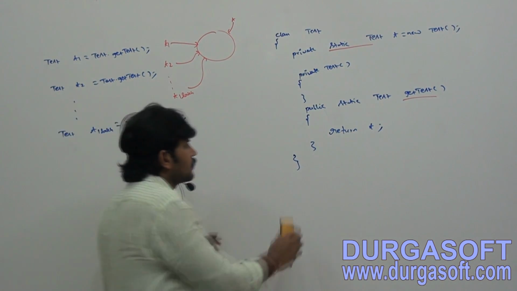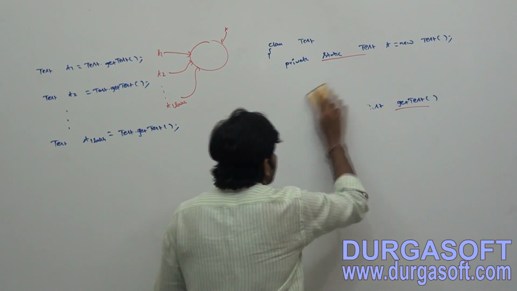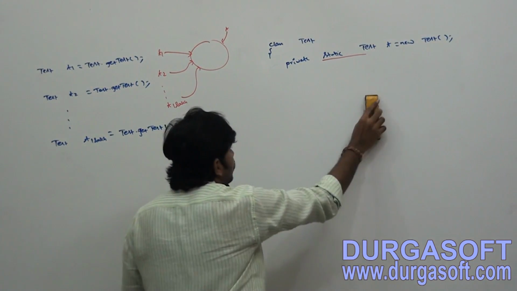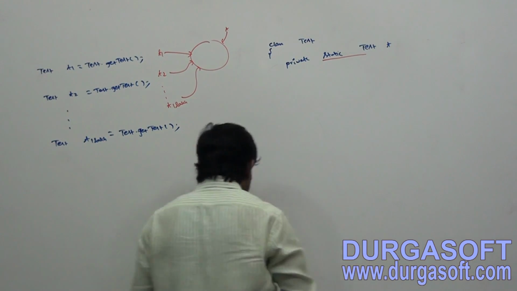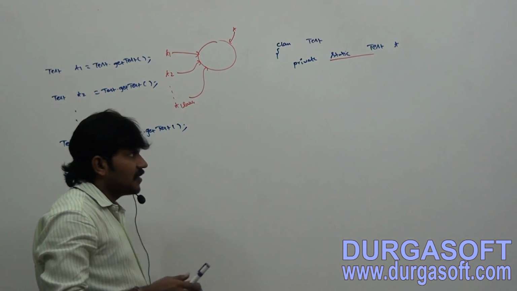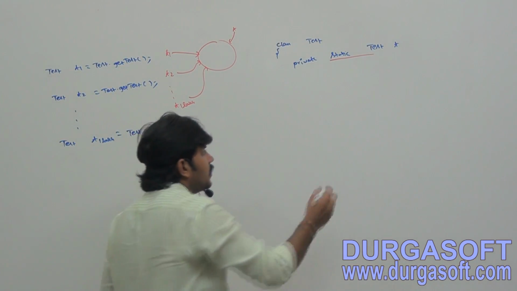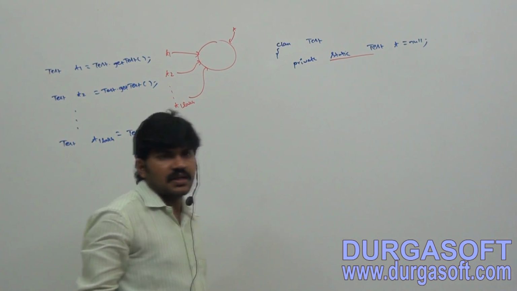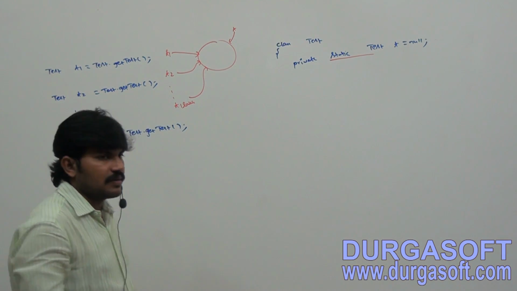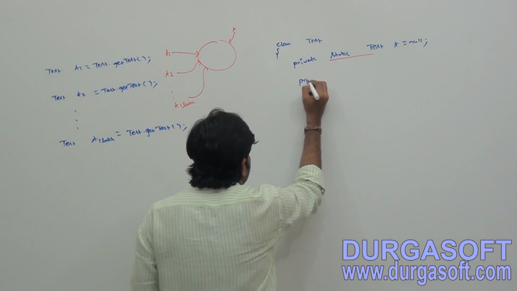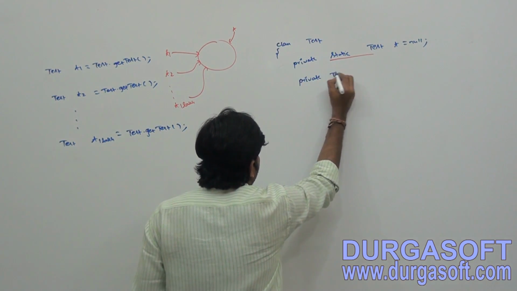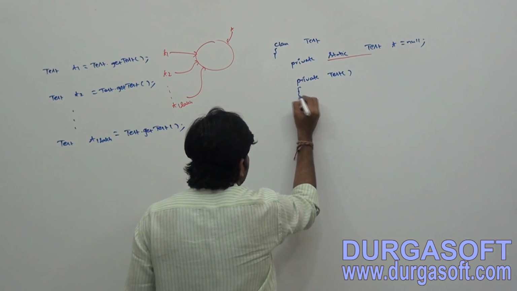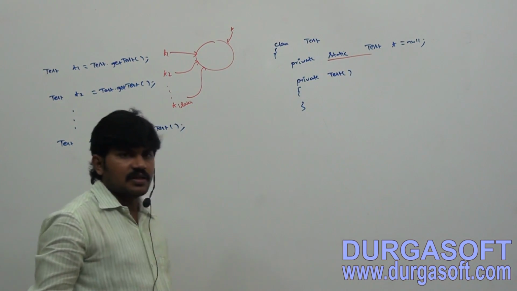Now observe, approach 2 is the same thing but with a small difference. Here, private static Test t = null. The private constructor is everything the same.